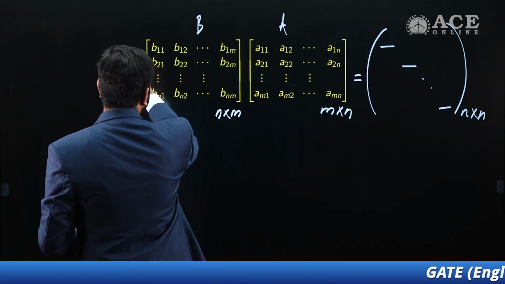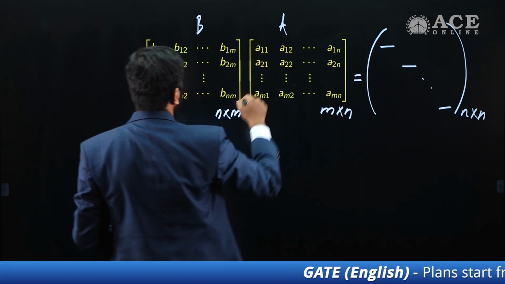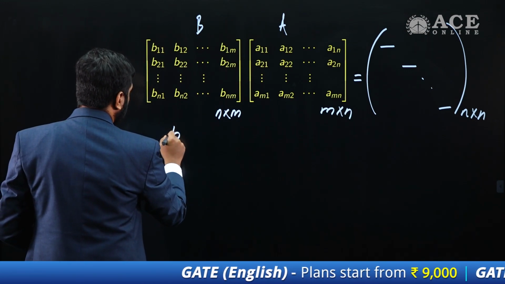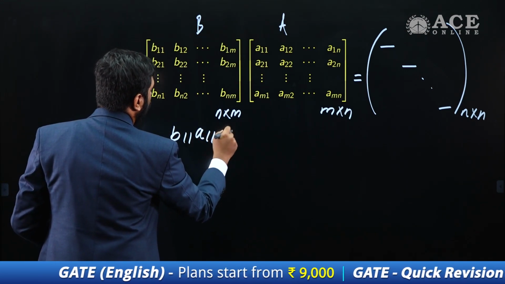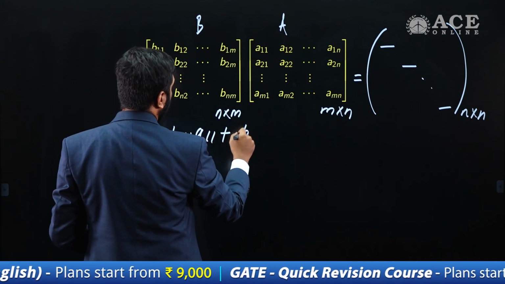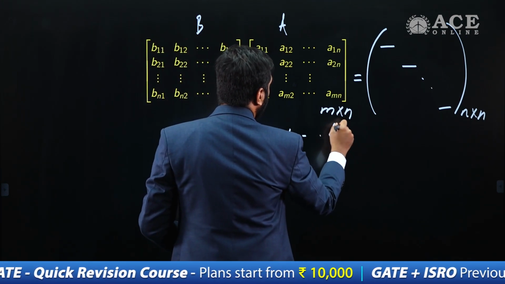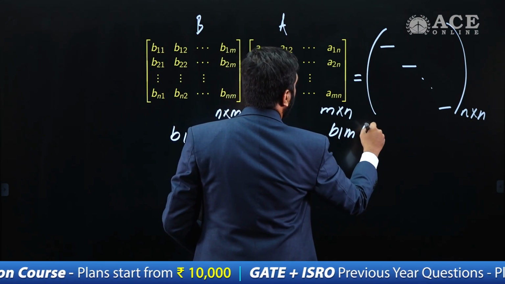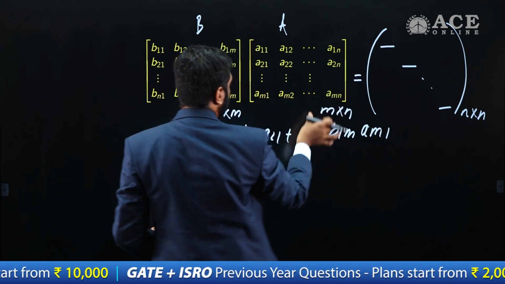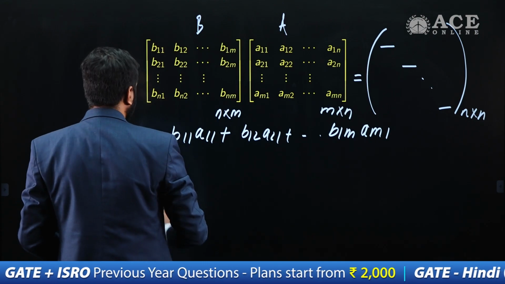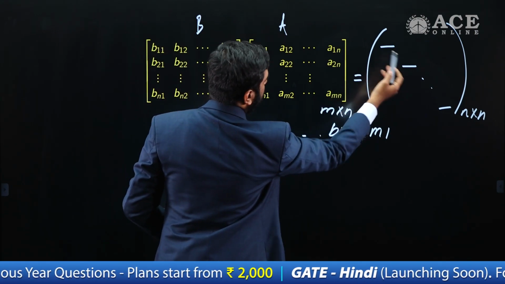Now for that, I have to multiply the first row of this matrix with this first column. So let's see this. B11 into A11 plus B12 into A21 plus so on, B1m into Am1. This is this element. And then we'll say plus this particular element.